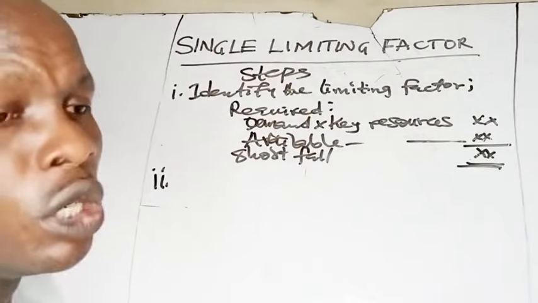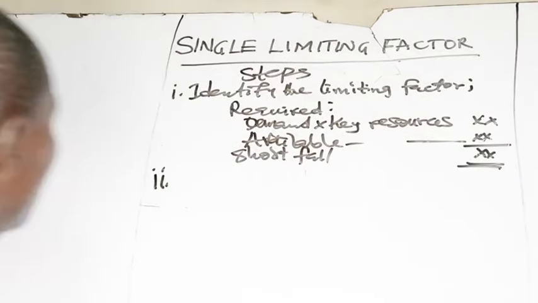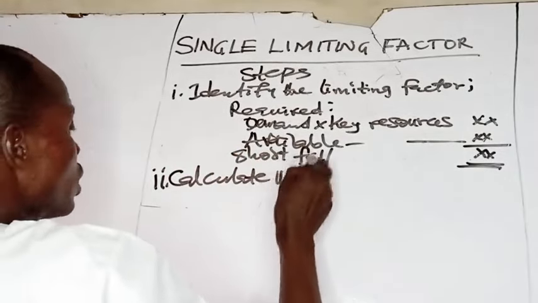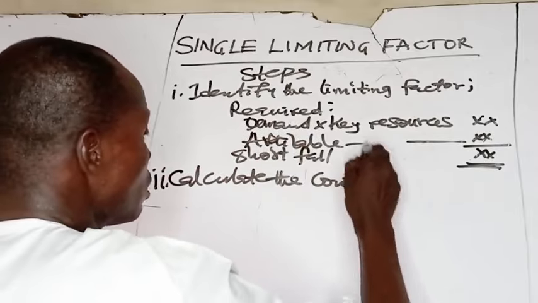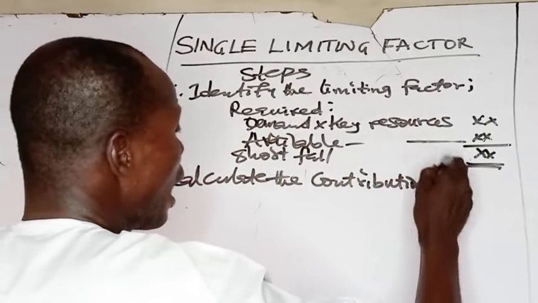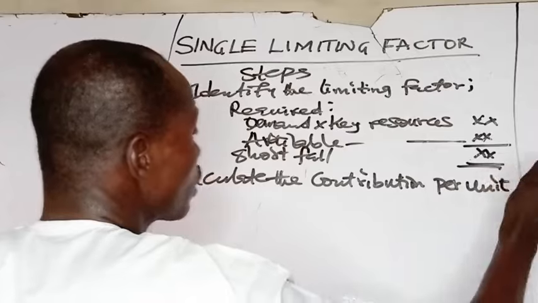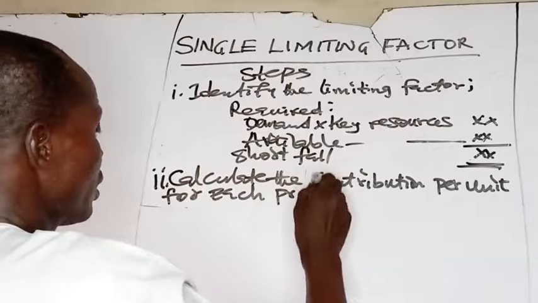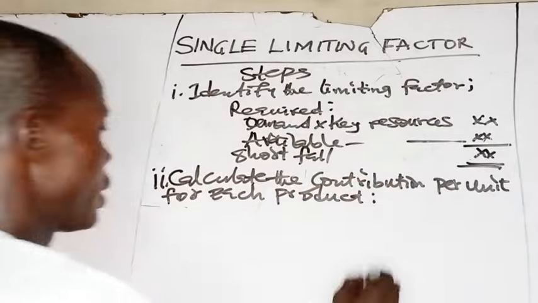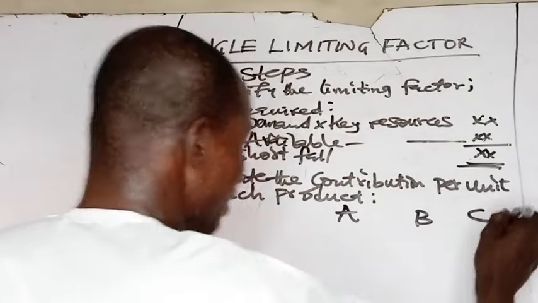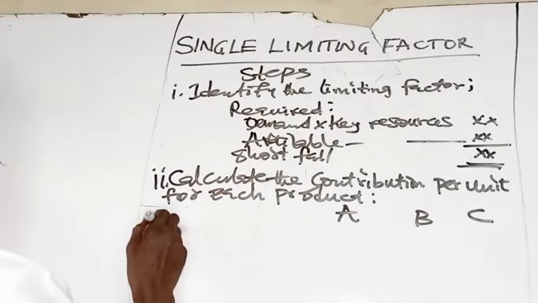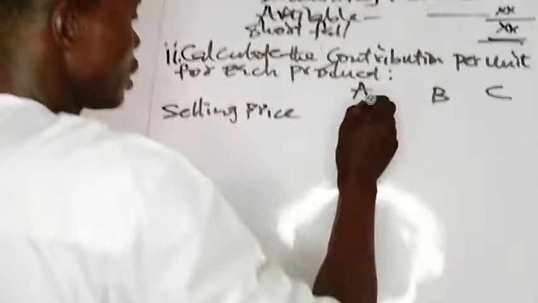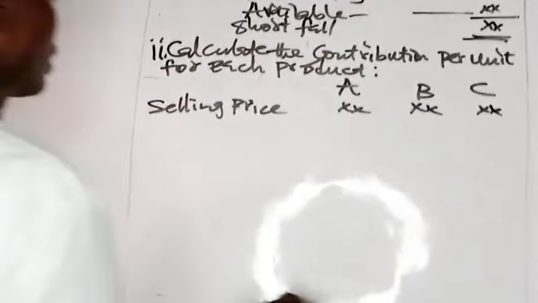Step number two is to calculate the contribution per unit for each product. Suppose you have products A, B, and C. Remember, your contribution starts with the selling price of each product.